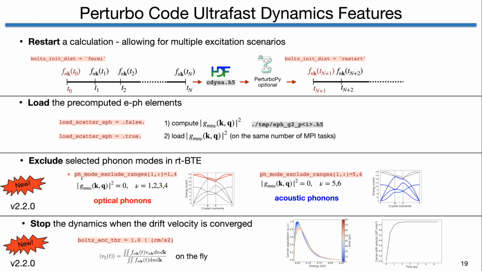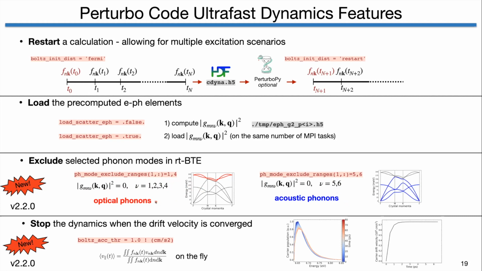To do so, you can just introduce this parameter, phonon mode exclude ranges, running 1 to 4. Similarly, you can allow only the electron-acoustic phonon interactions by setting the phonon mode exclude ranges 5 and 6. So you would set those elements to 0 as well.